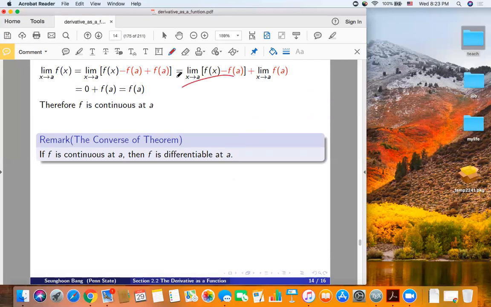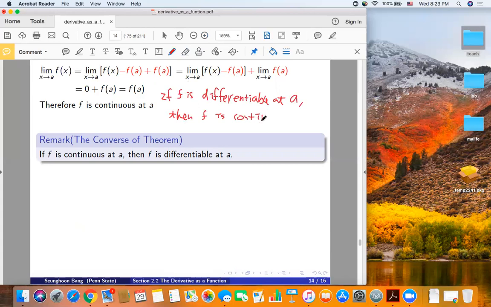Do you remember the theorem? The theorem is if f is differentiable at a, then f is continuous at a.